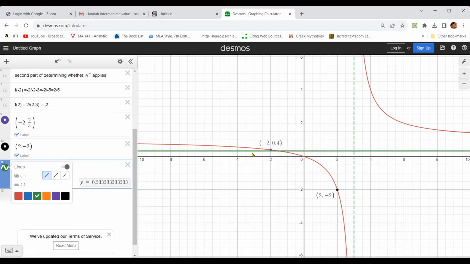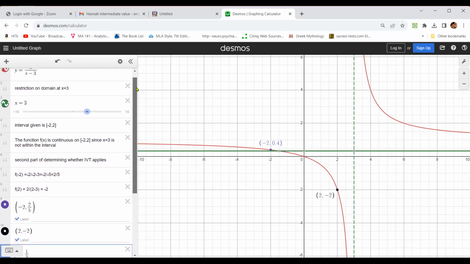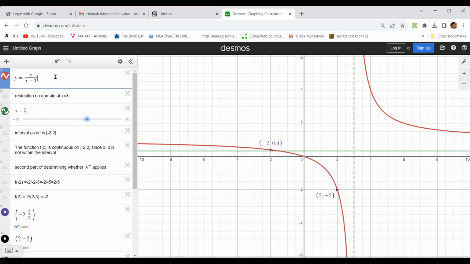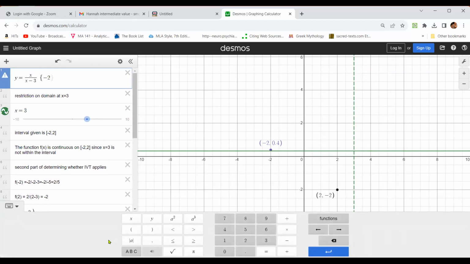Remember, technically I should have graphed this on the interval from -2 less than or equal to x, less than or equal to 2. So we're not looking at the whole graph, we're looking at this here.